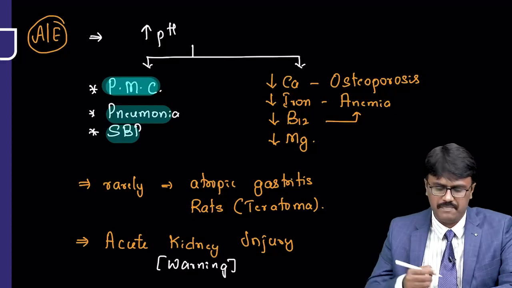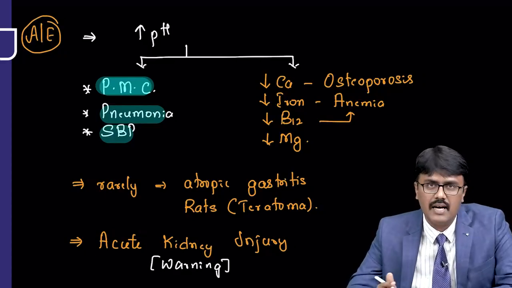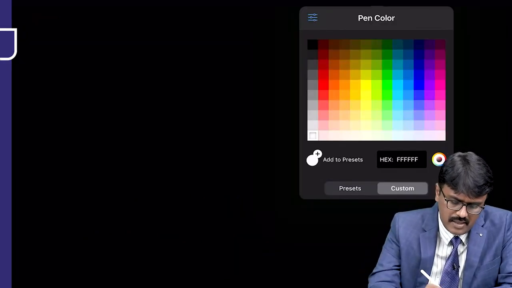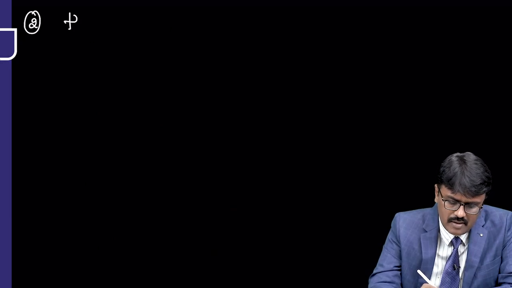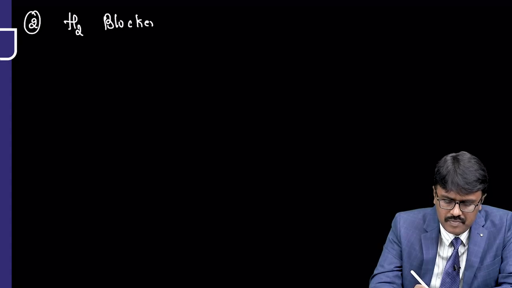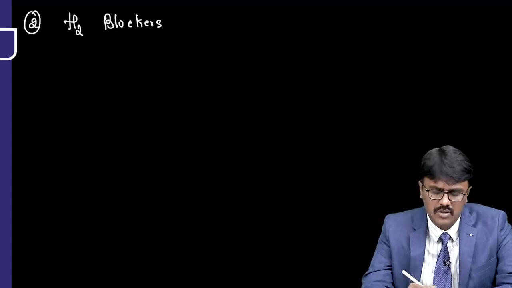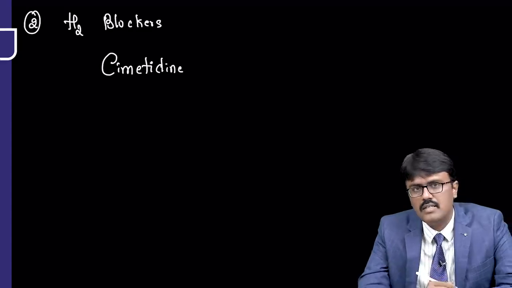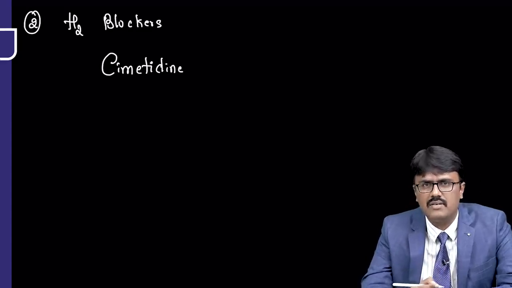Okay? Once we are done with the first target, that is proton pump inhibitors, let us move on to the second target. The second targets are the H2 blockers. The first H2 blocker that came to the market is called cimetidine. Cimetidine had some limitations.